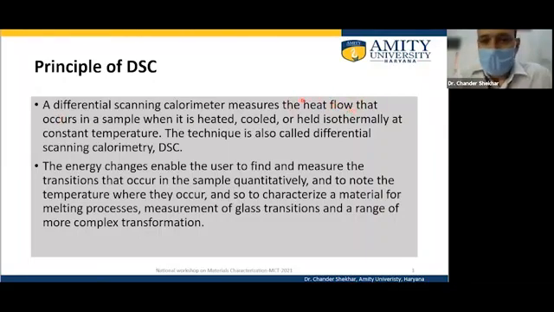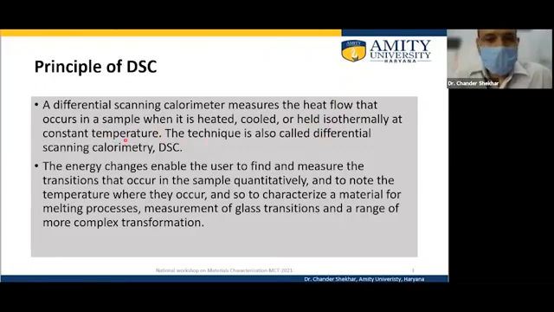And this heat flow occurs in the sample when the sample is subjected to a temperature program, which could be the heating of the sample or cooling of the sample, or even isothermal, when the sample is kept isothermally, that means at a constant temperature for a predetermined length of time.